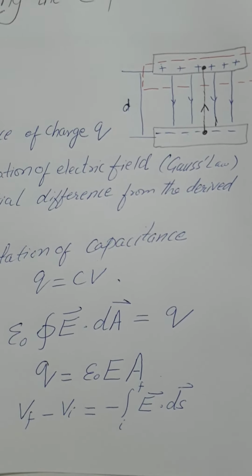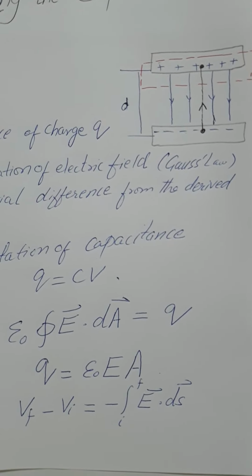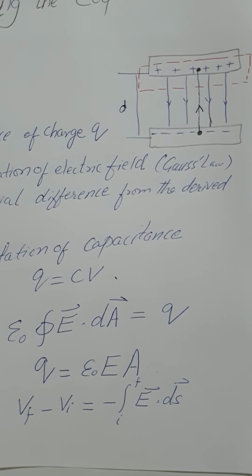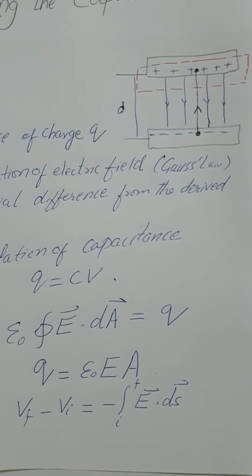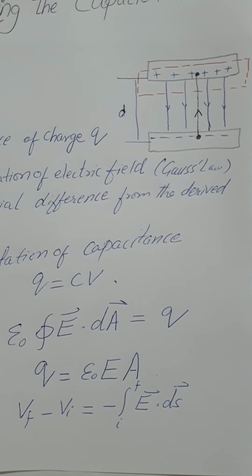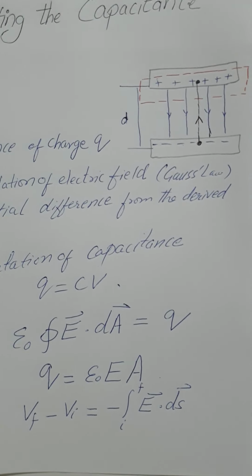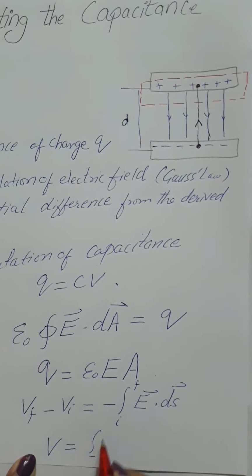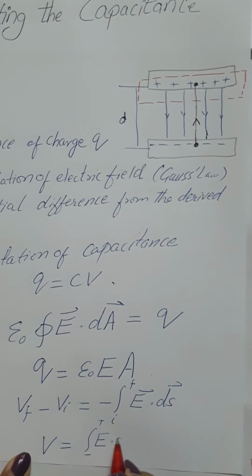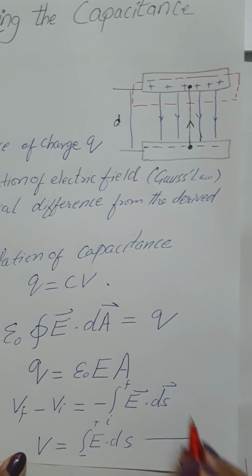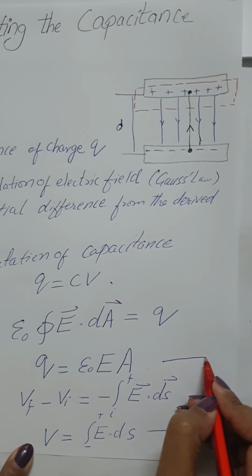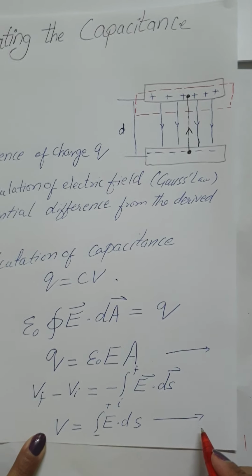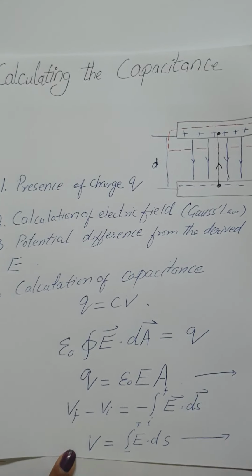For this path, E and ds will have opposite directions, and the dot product becomes minus E dot ds, and the right side of the equation becomes positive. So your potential will become V is equal to integral from negative to positive of E dot ds. So this equation and this equation become the generalized form which we can use for any configuration of the capacitor.